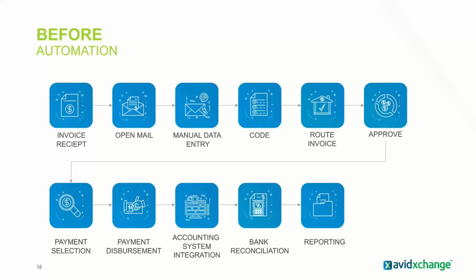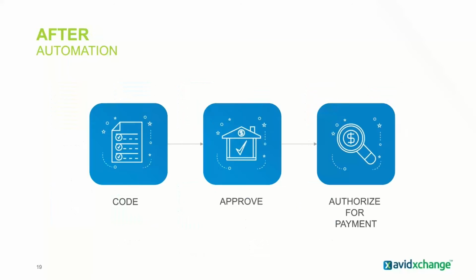You'll have to cut those checks or process those ACHs. You'll have to do all of that manual work associated with the payment side, including the bank reconciliation. And so, as you can imagine, you see multiple steps here of what a manual process looks like.